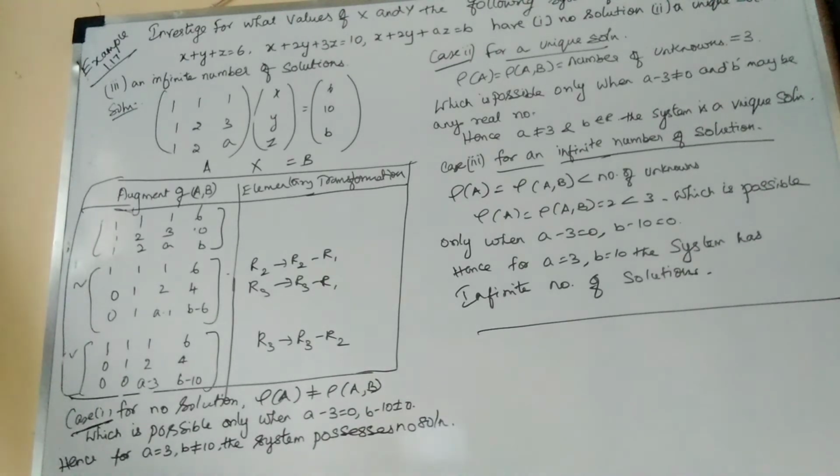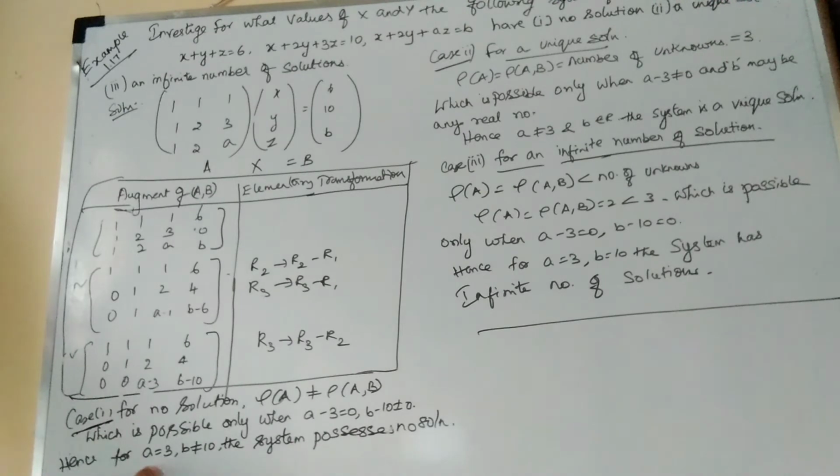For the rank of A to be 2, a minus 3 should be 0. For the rank of AB to be 3, a minus 3 should be 0 and b minus 10 should not be equal to 0. So a should equal 3 and b should not equal 10, then only the system has no solution. That means the rank of A will be 2 and the rank of AB will be 3. Since both ranks are not equal, the system is inconsistent. This is your case 1.